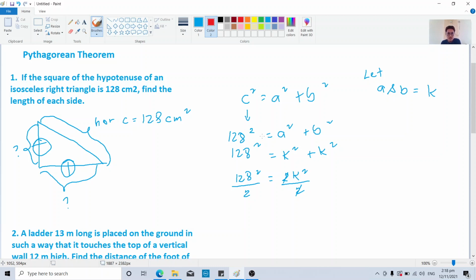Now, as you can see here, centimeter squared. The 2 gets cancelled because of the unit centimeter squared. So what remains? What disappears? Wait, let me erase this. I will write it again so you won't be confused.